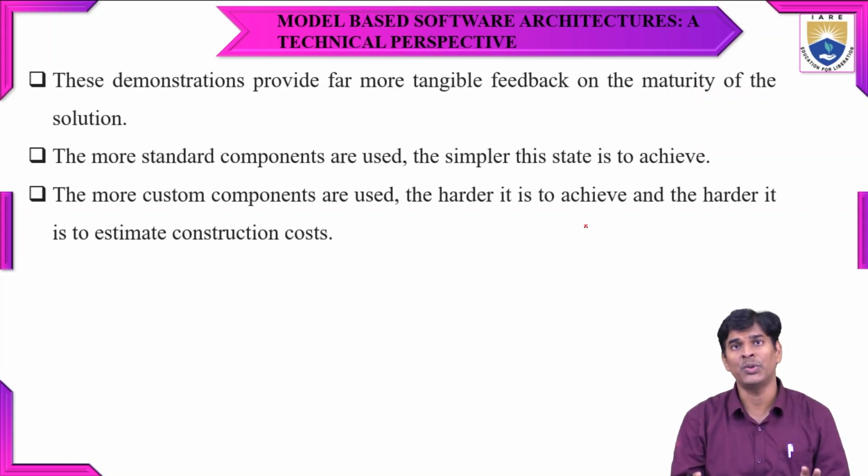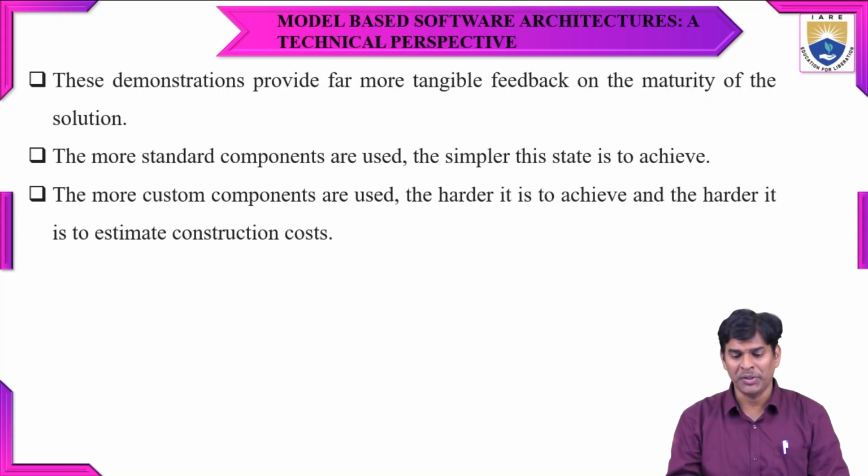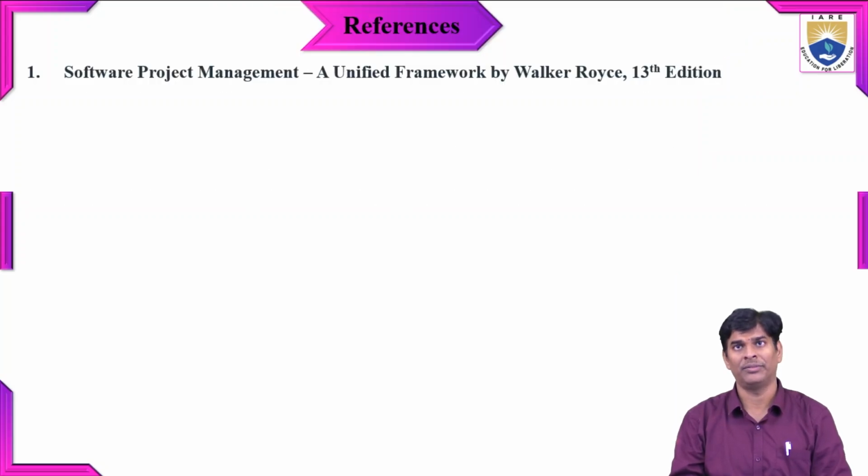That is why we need to concentrate on custom as well as commercial components to minimize the cost for the construction of the software architecture. So this is about the technical perspective for the software architecture.